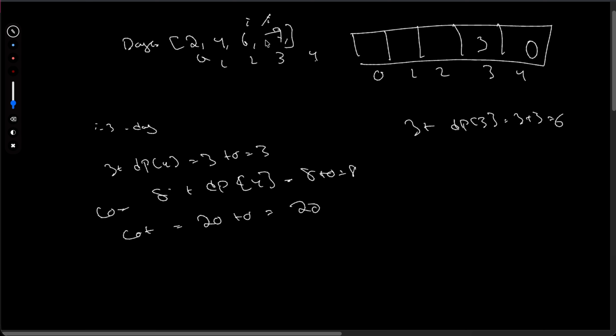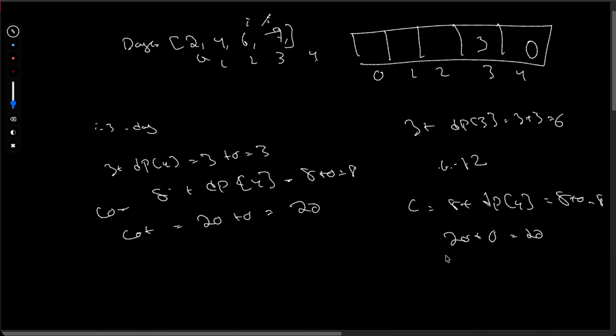Option 2, 7 day pass, we have covered day 6 to day 12, so it covers day 7 too, and the next index is 4. So the cost is 8 plus dp of 4, that was 8 plus 0, 8. And the third option, 30 day pass, covers all days. Next index is 4. So 20 plus 0, it was 20. So the minimum, dp of 2 is 6.